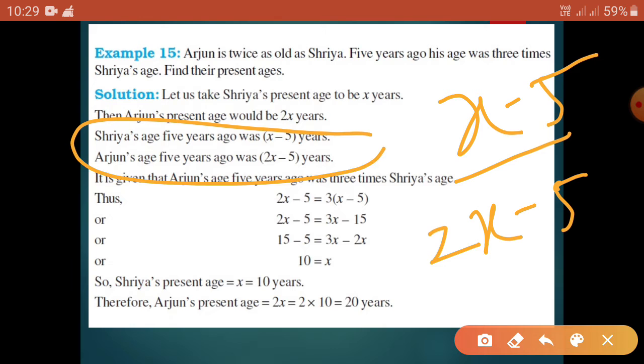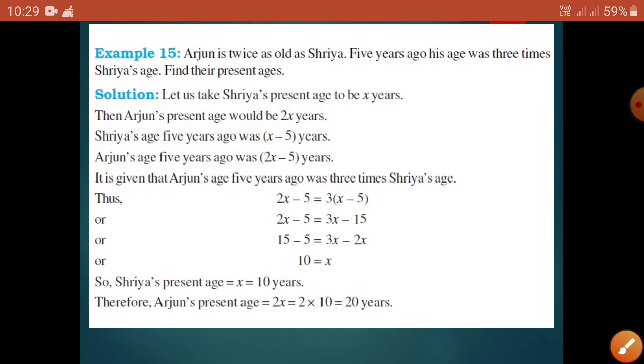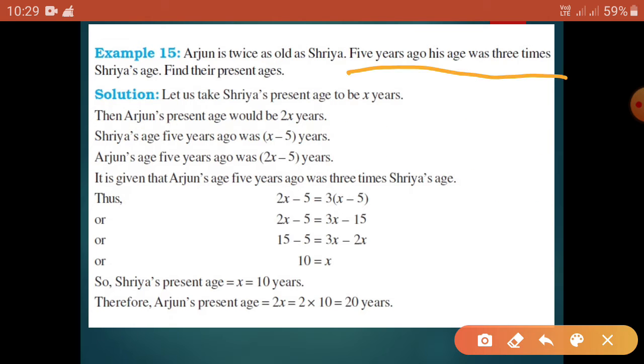Got it? Now the question says 5 years ago Arjun's age was 3 times Sriya's age. What was the age of Sriya 5 years ago? That is x minus 5.